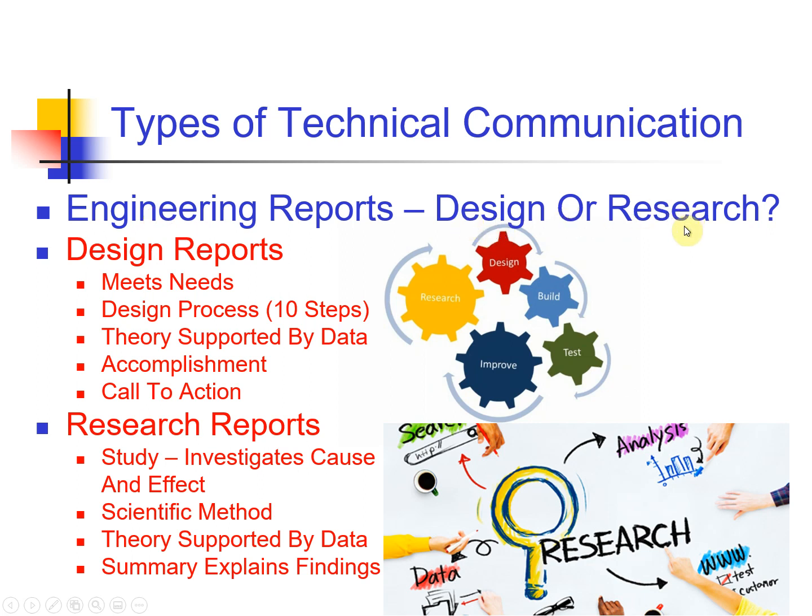Design or research, there's a difference. Research is you're trying to find the cause and effect. Uses the scientific method. You'll learn that in chemistry and physics and biology and all that stuff. The summary explains findings. You are not producing a widget, a gadget.